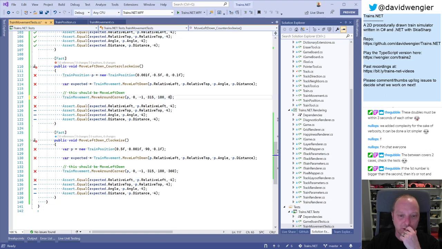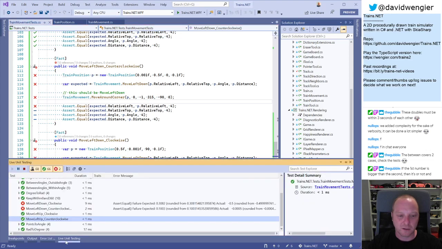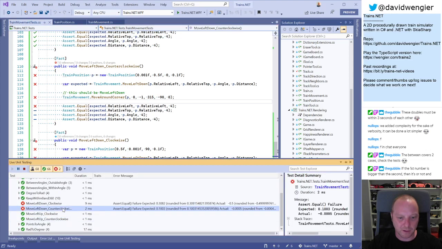Minus 90 to 0. Well, didn't I set this in? It failed. I tried this already, didn't I? Yeah, so that still fails. Minus 90 to 0. Move left down counterclockwise.